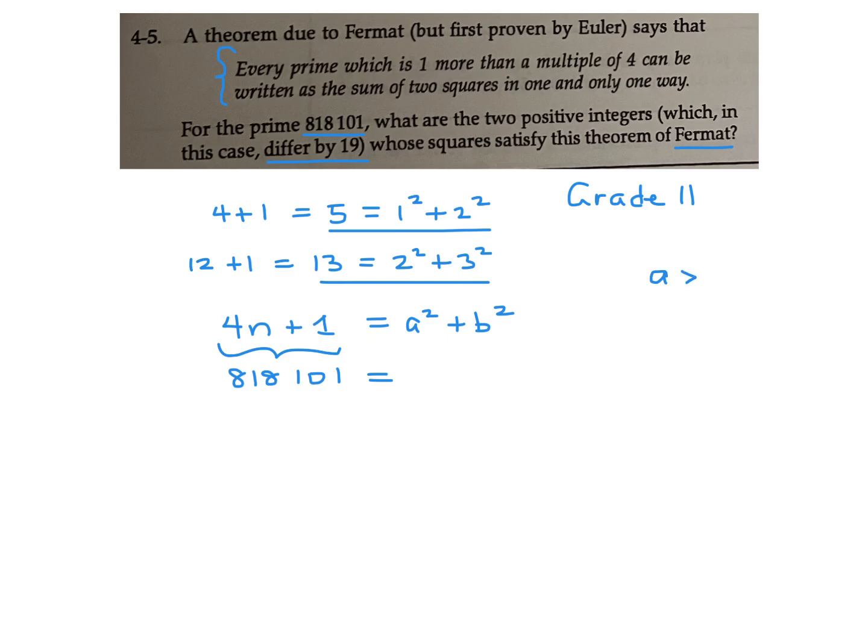So, if a is greater than b, a minus b is equal to 19, which means a is equal to 19 plus b. That's very helpful. I can substitute that in here: 19 plus b squared plus b squared. And I think that's sufficient for us to figure this out.